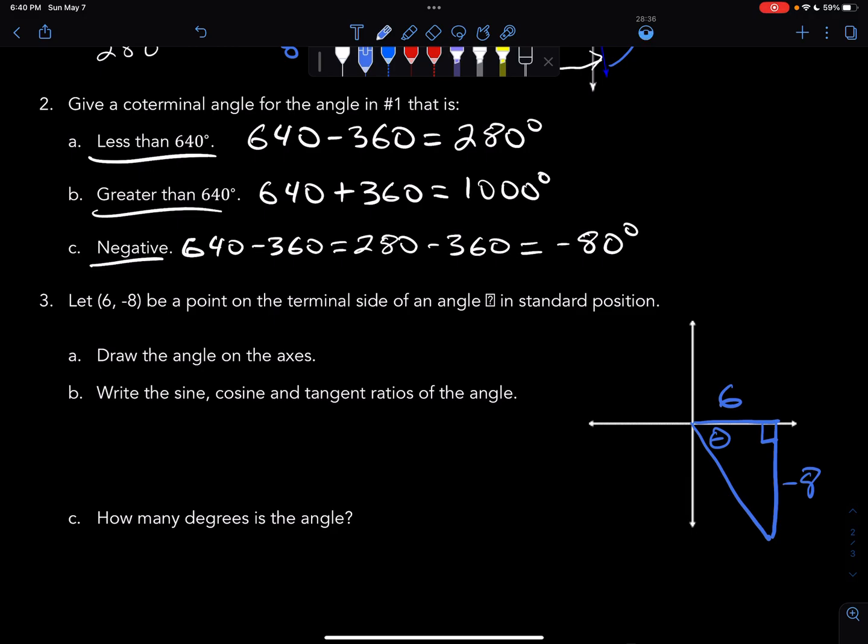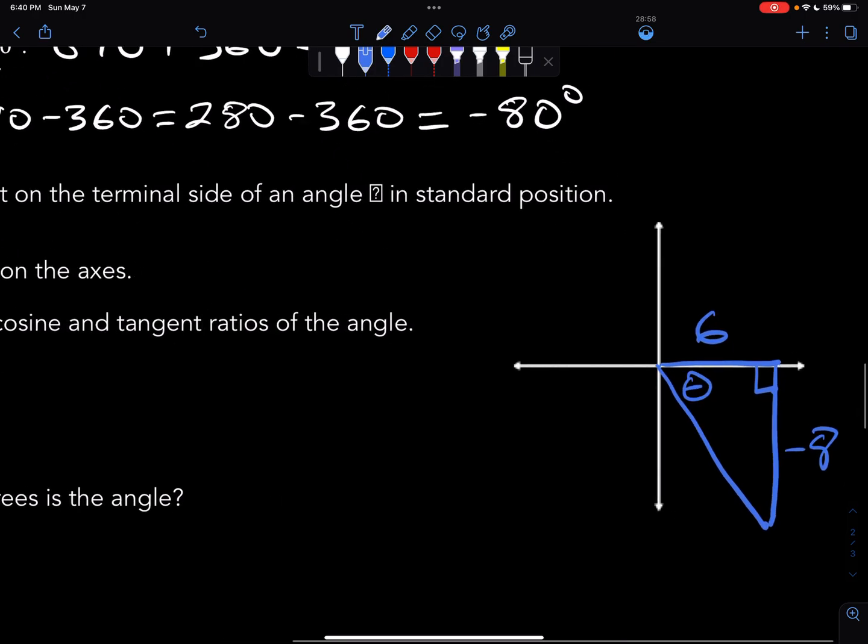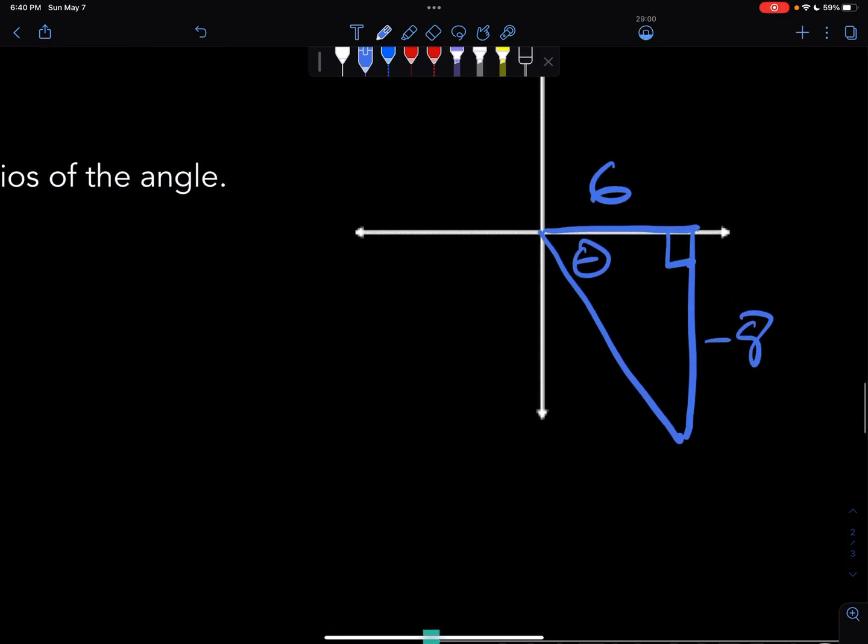And we're going to answer our questions here. We want to draw the angle on the axes. That's what we just did. We're going to write the sine, cosine, and tangent ratios of the angle. So we need to figure out our hypotenuse here. To figure out that, we're just going to use Pythagorean theorem: a squared plus b squared equals c squared.